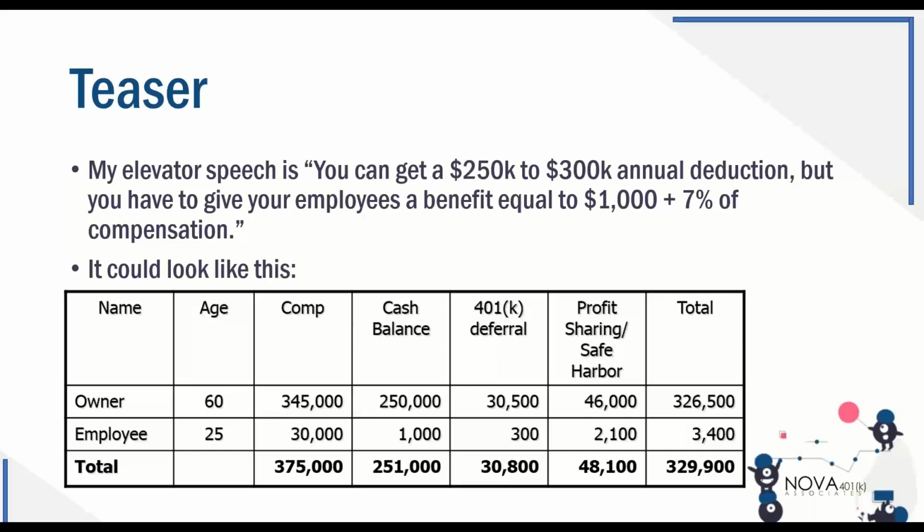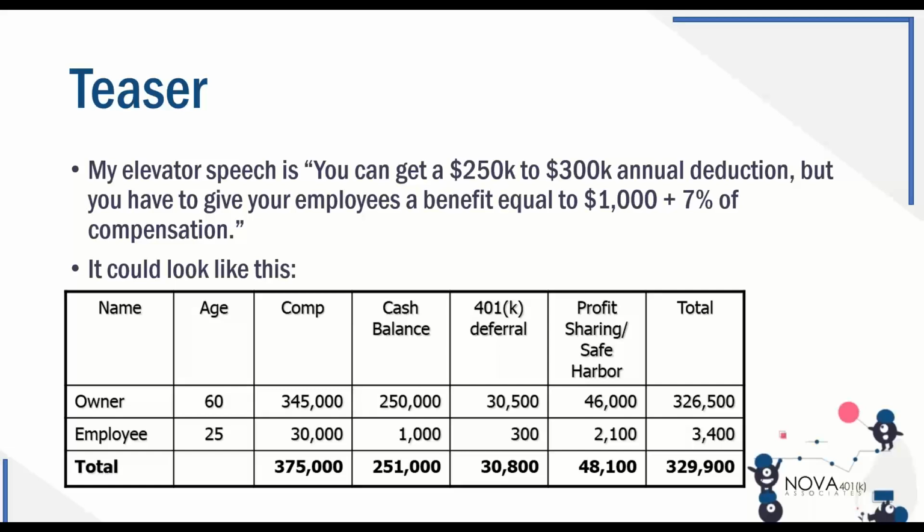So here's a sample example: it's just an owner who's age 60 with an employee who's age 25. The owner's compensation is right at the IRS maximum compensation limit, which for 2024 is $345,000.